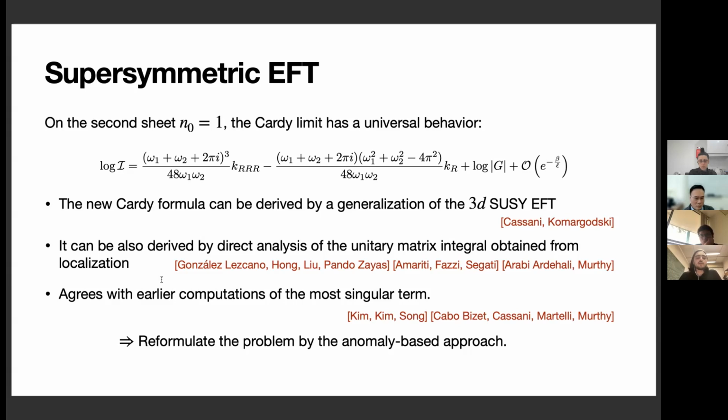And also we know of earlier computations of the same limit where this most singular term was already found. So the predictions that come from the Cardy limit in this regime seem to be very robust. And because we see that the 't Hooft anomaly coefficients enter here and here, you could again wonder if the method that I explained before could be applied also to this problem. And this is exactly what we explored.